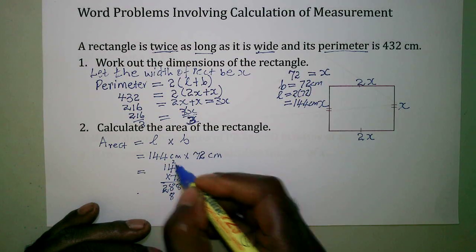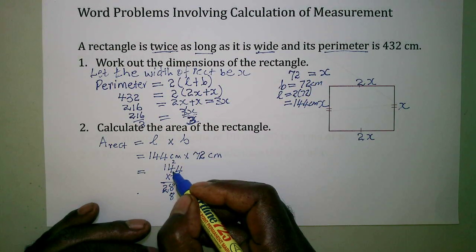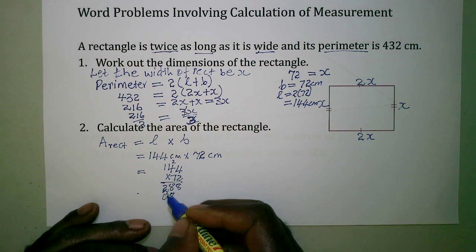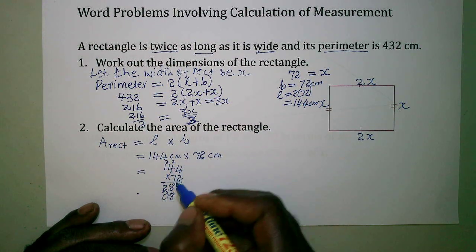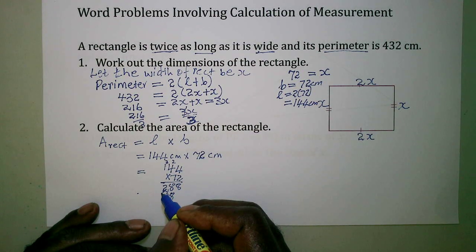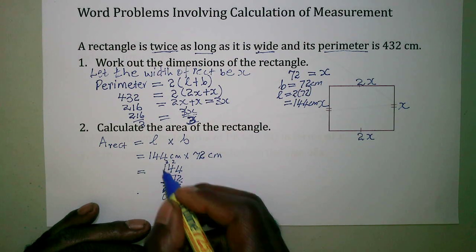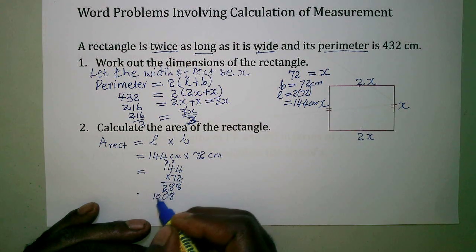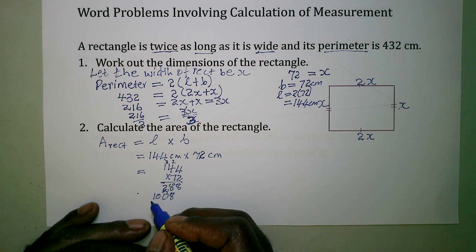Carry 2. 7 multiplied by 4 is 28 plus 2 is 30. Carry 3. 7 multiplied by 1 is 7 plus 3 is 10.